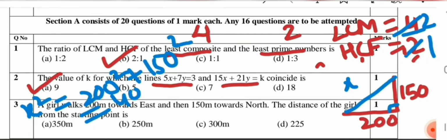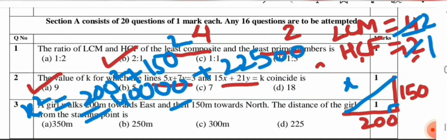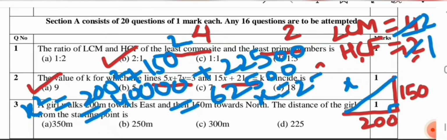Solving it, 200 square will be 40,000 plus 150 square will be 22,500. Adding them, we get 62,500, and on taking the square root, we get 250.